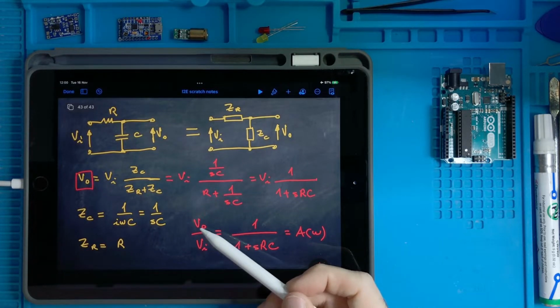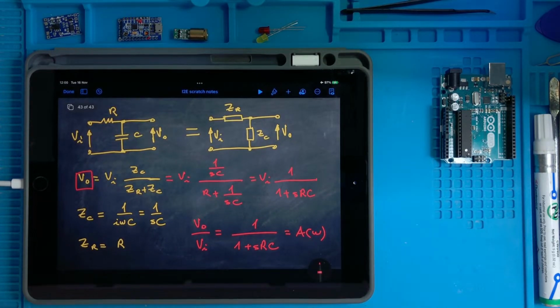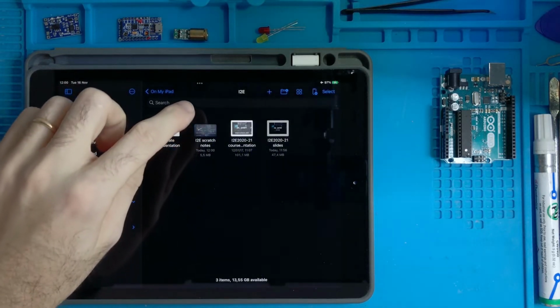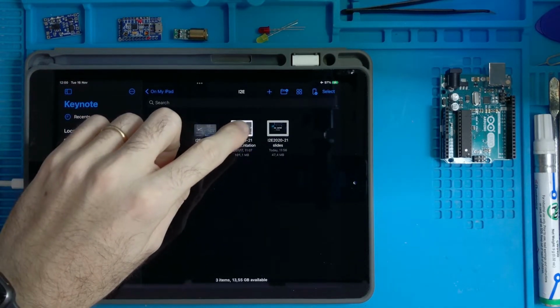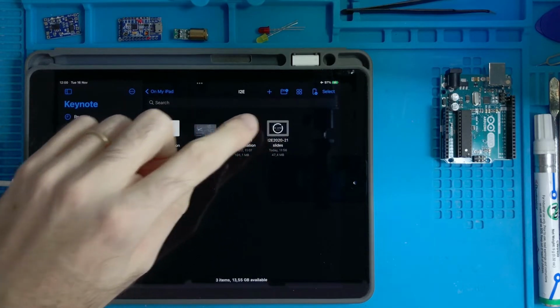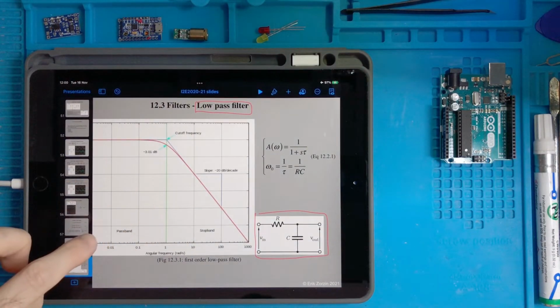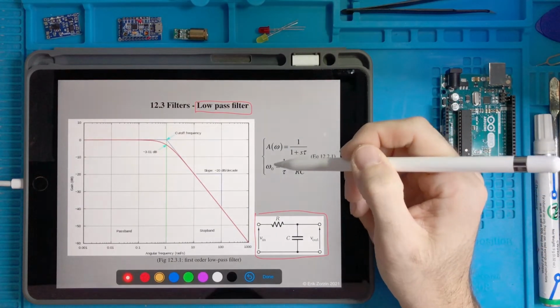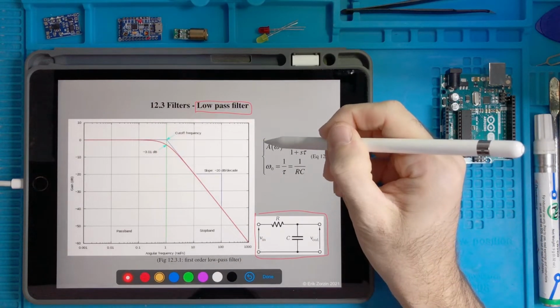So those two things are the Fourier transform of the output and the input, which is what is written here. So here we have our A of omega.